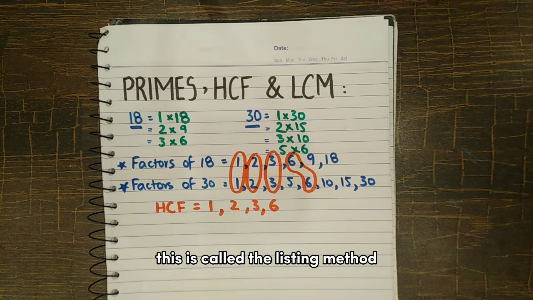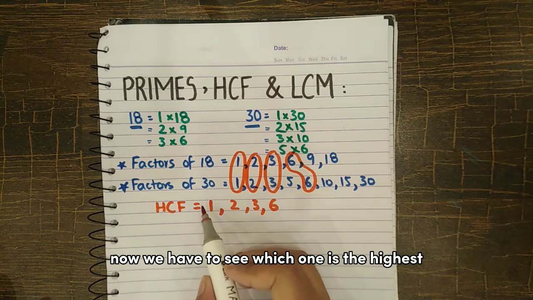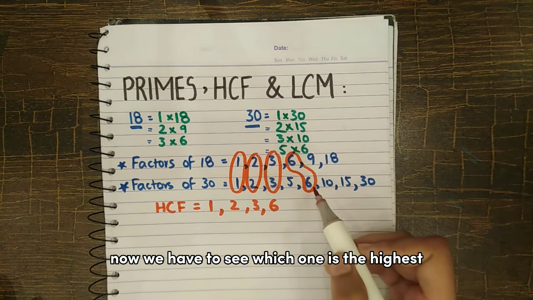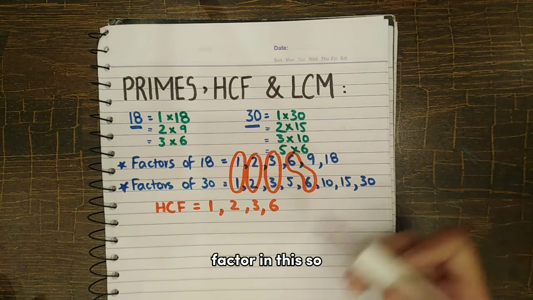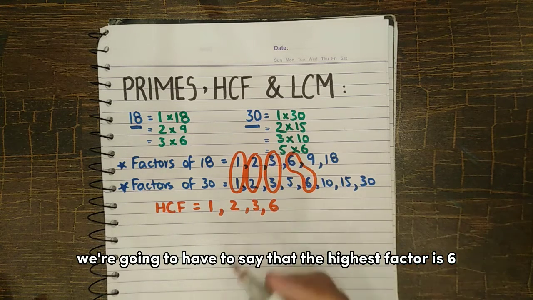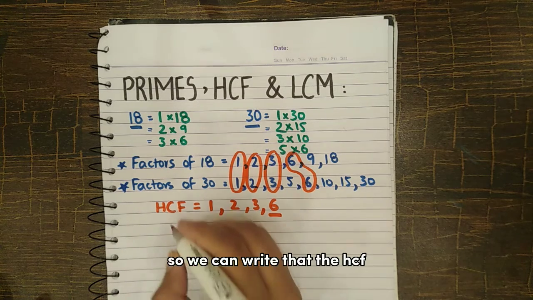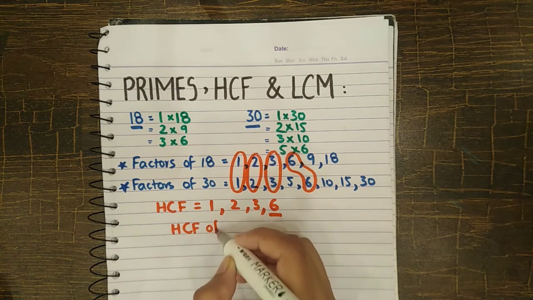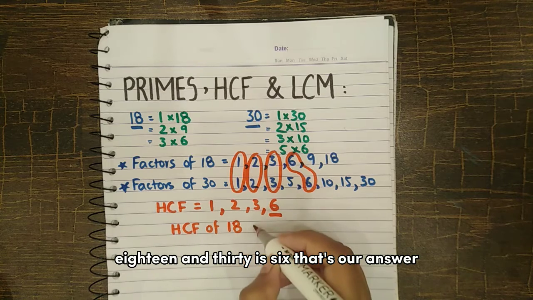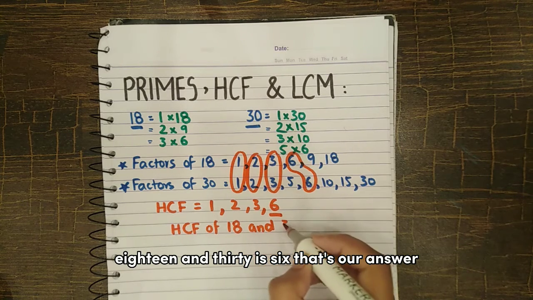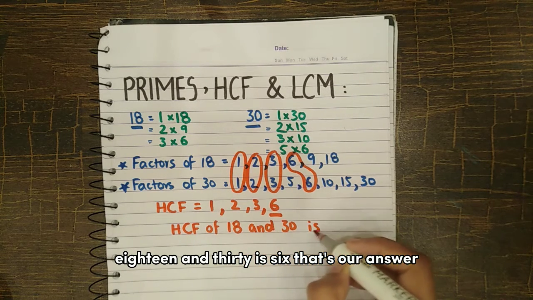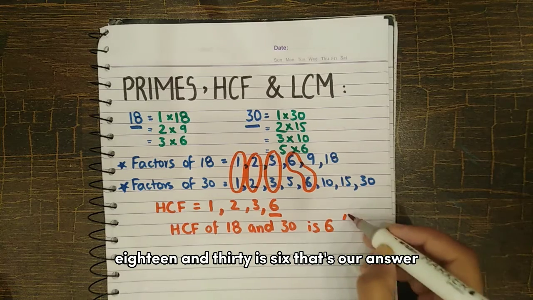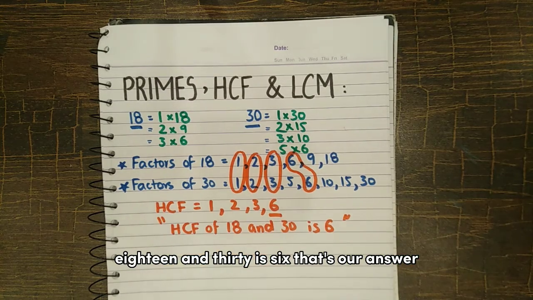This is called the listing method. Now we have to see which one is the highest factor in this. The highest factor is 6. So we can write that the HCF of 18 and 30 is 6. That's our answer.